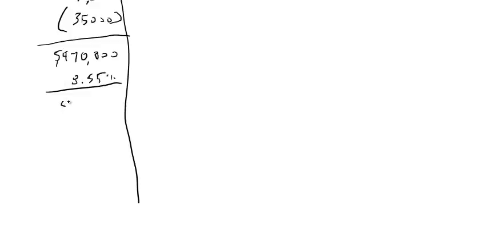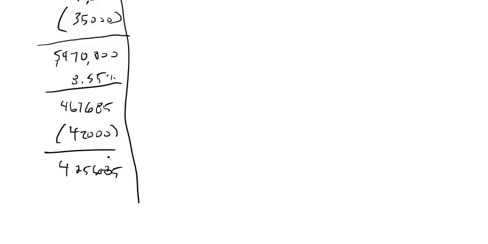If I calculate the tax liability before credits, it's 467,685. I have one state credit, which is a Michigan credit in the example, 42,000. So my net state tax liability is 425,685. Okay, that is my current provision.